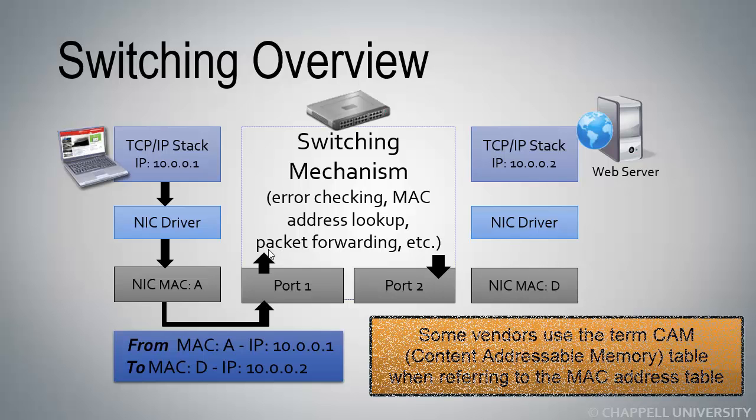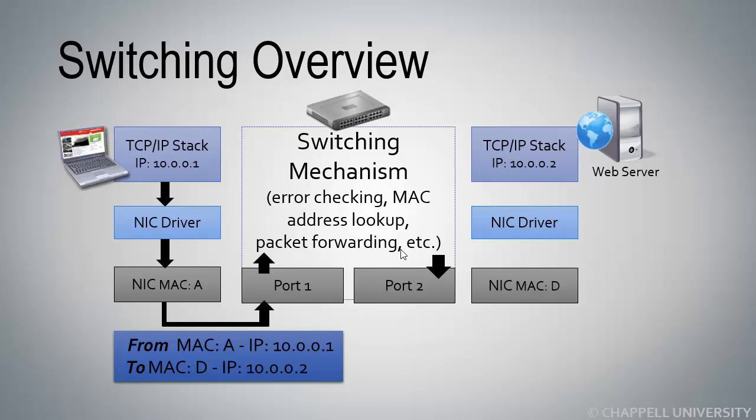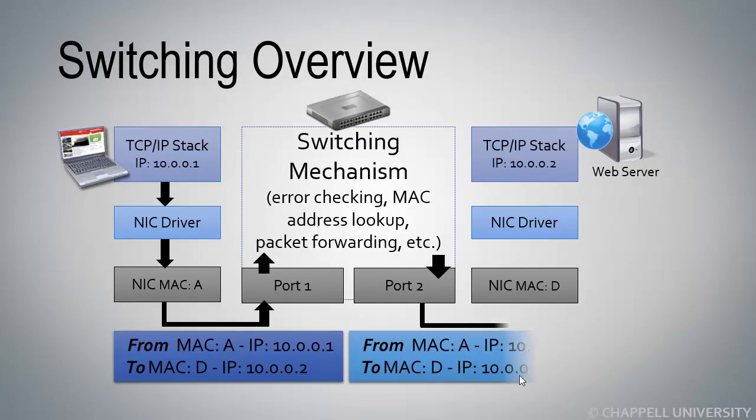And then the switch will forward the packet accordingly. When we take a look at the packet as it's gone out of the switch port 2, we can see that the addressing has not changed at all. It still appears to be from MAC address A and IP address 10.0.0.1, and it's going to MAC address D at IP address 10.0.0.2, and this traffic will flow up to the web server.